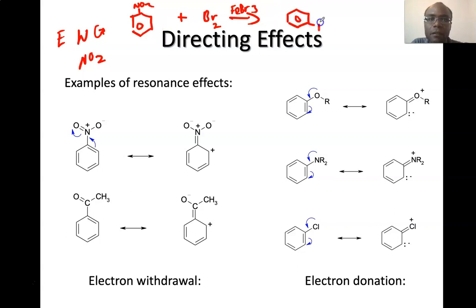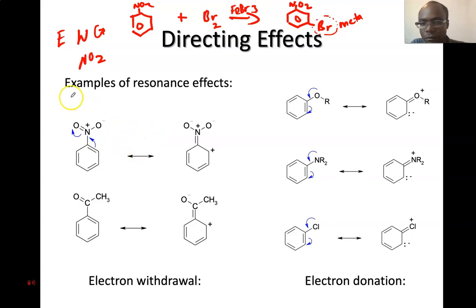This circle simply means these double bonds go round and round. It's nothing fancy about that. So why is this electrophile put there? Alternatively, I would put it on 5. Why do we put it on the meta position, either here or the other side? Now let's look closely.